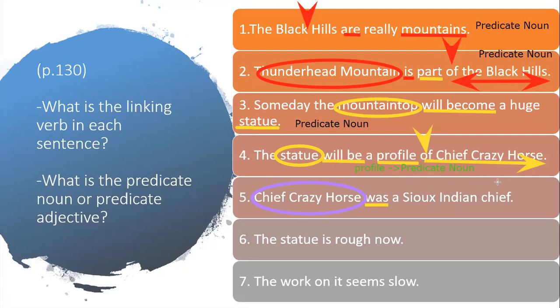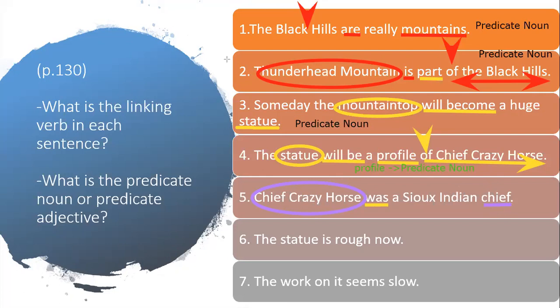Okay? So if you're smart, you caught on that chief is the word that is renaming the subject. Okay? Chief Crazy Horse equals chief. Yeah, that makes sense, right?